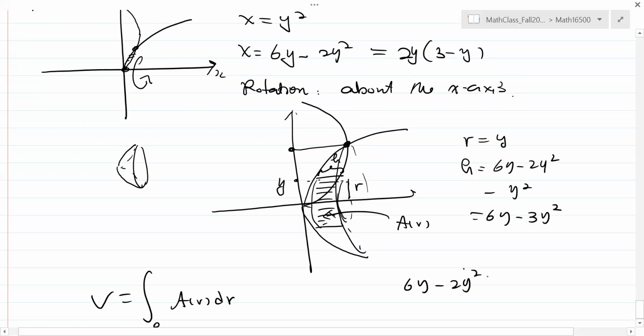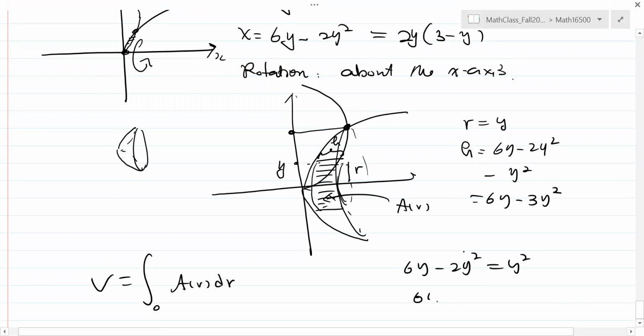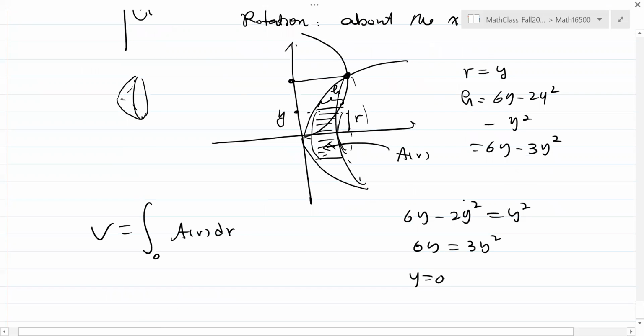Okay, so we are going to get 6y minus 2y squared equals y squared. So I get 6y equals 3y squared. So y equals 0. Another y should be equal 2. So I think 2 is the highest point.